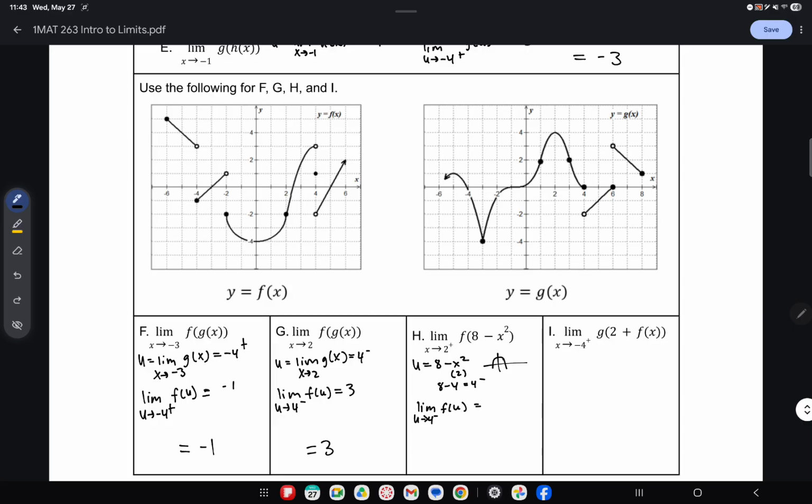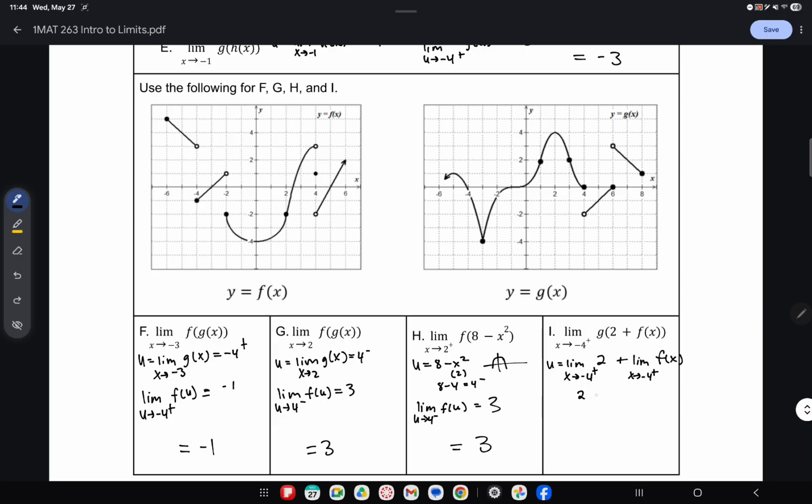So f function, and then 4 from the left, it's going to be 3. Right? And then with this one, we can separate it out and say, all right, u is going to be the limit as x approaches -4 from the right for 2, plus the limit as x approaches -4 from the right for f.